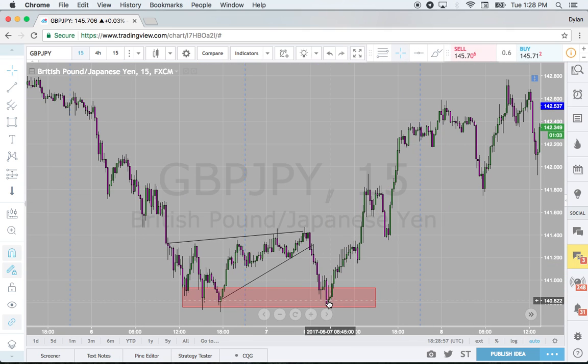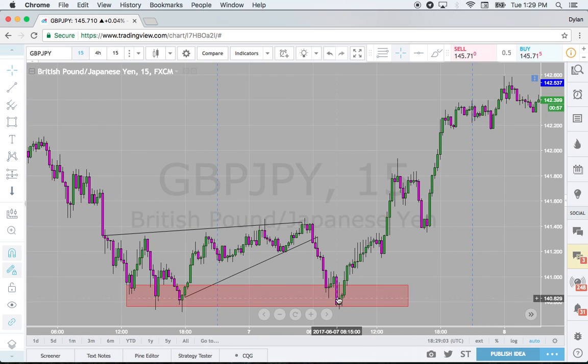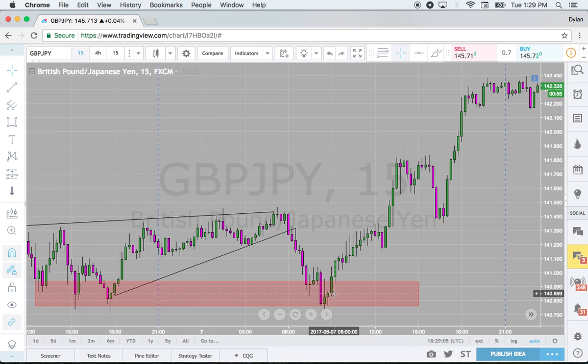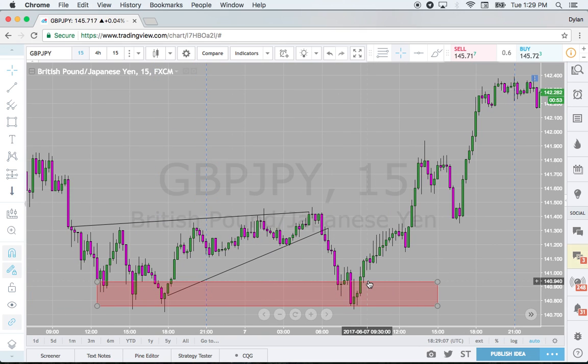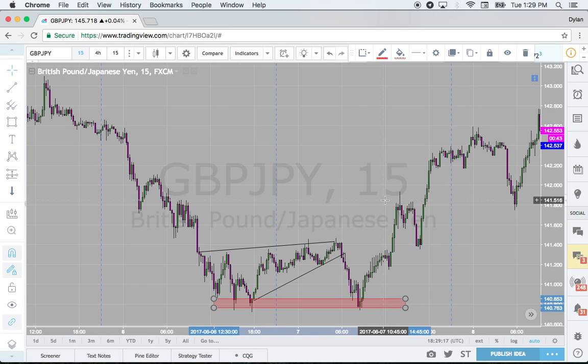But yeah, confirming entry. You will have to understand the candlestick formations, the candlesticks that are occurring, to understand how to get a good entry, how to understand what is a confirming entry. So just go back and check out one of our confirming entry videos.